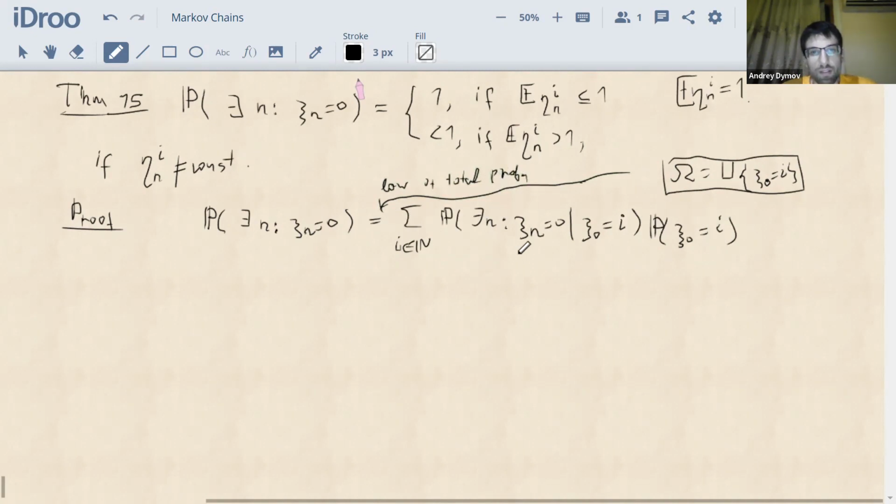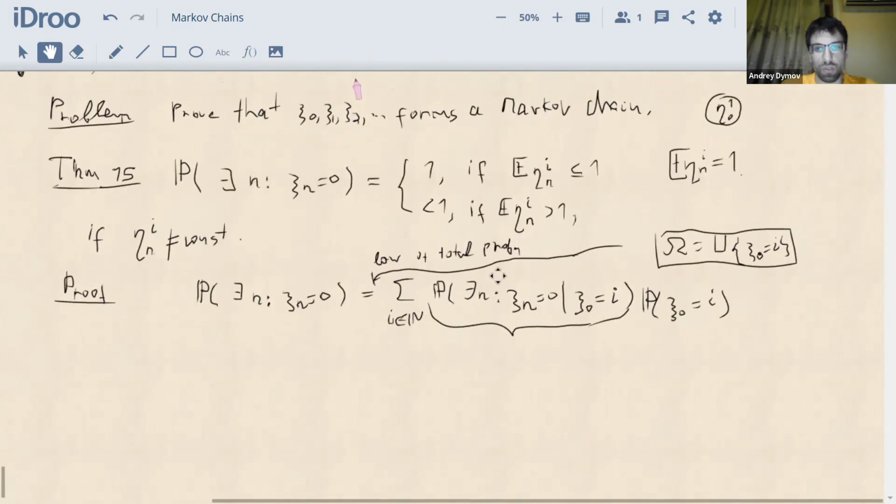But then let us look what this is. This probability describes the same question, but for a different Markov chain. This probability corresponds to the Markov chain where at the initial moment of time I have a deterministic size of the population. So I have exactly I individuals, right? Let me write it down.